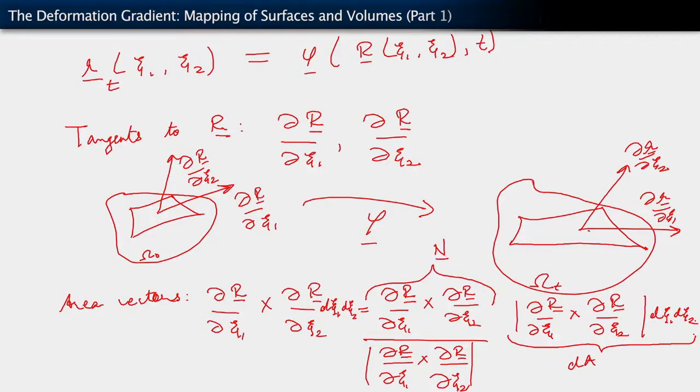So I am going to draw N here. Okay, and I'm going to say that N is perpendicular to both those vectors. Okay, likewise, I'm going to write out what I'm drawing here on the next slide, but you know how this is going to work out, right? I'm going to define an area vector on the current configuration as well, and I'm going to denote the normal vector that arises from that area vector.